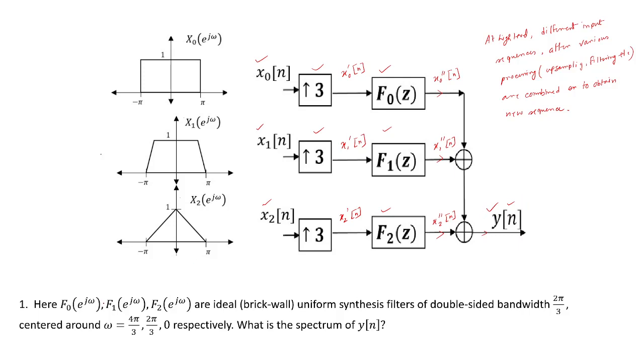By the way, you can see these filters F0, F1, F2 are nothing but ideal brick wall uniform synthesis filters of double-sided bandwidth 2 pi by 3. Centered, of course, their center frequencies are different, and we are interested in the spectrum of y of n.